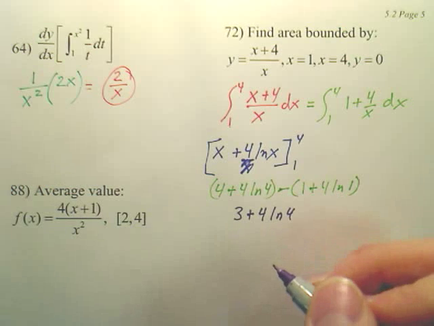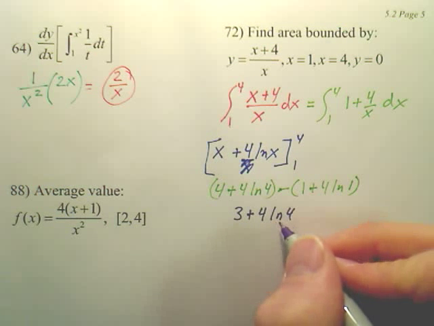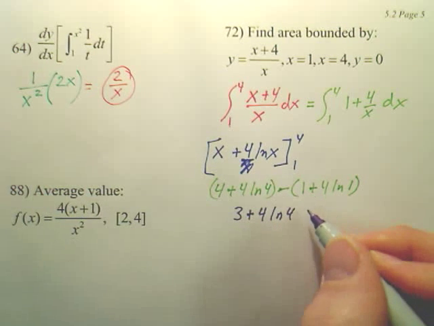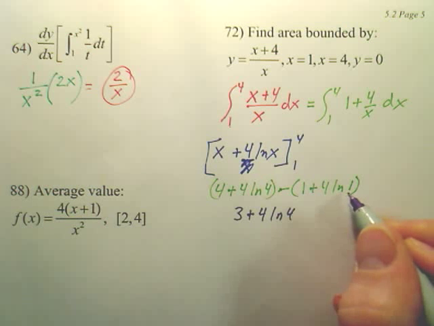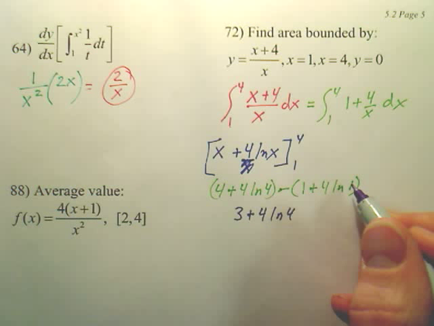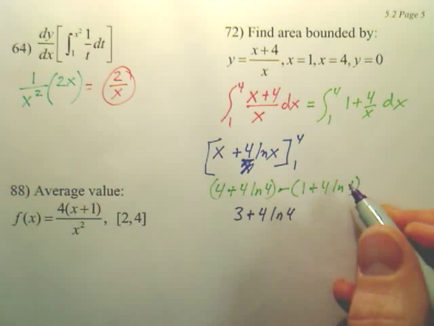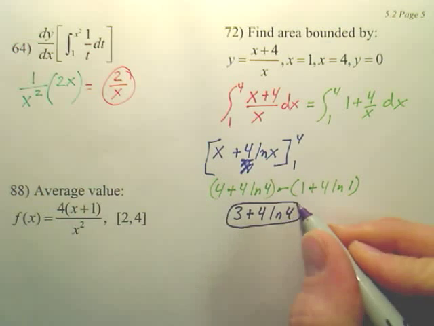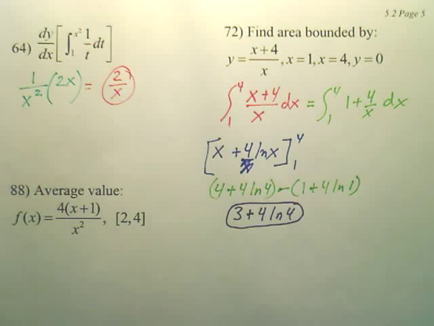I don't know ln 4. That could actually be ln 16. No, that's right. That could be 4 to the 4th, which is a rather large number. And then what's ln 1? That's 0, because the ln of 1 is 0. So 4 times 0 is 0, so that's my answer.